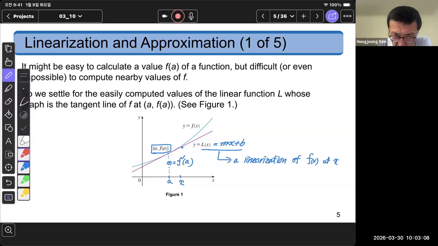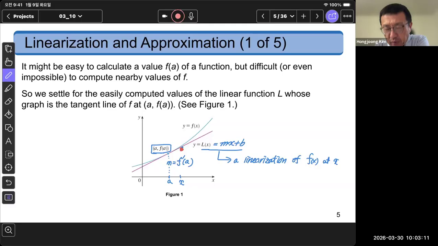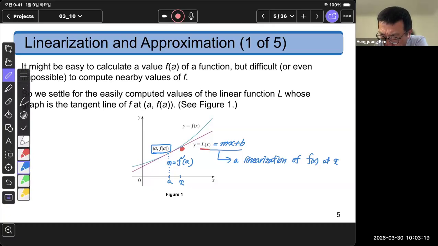So this red dot on L(x) will be a good estimation of the original value on the f of x graph, right? If x is near. But if x is far from a, then the value on the linearization and the original value of the function may have a large deviation, right?